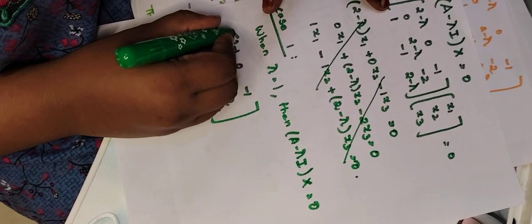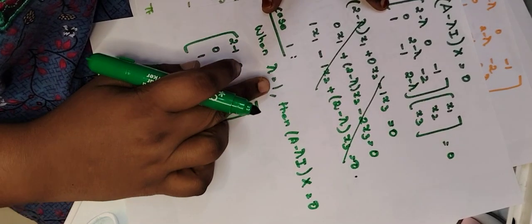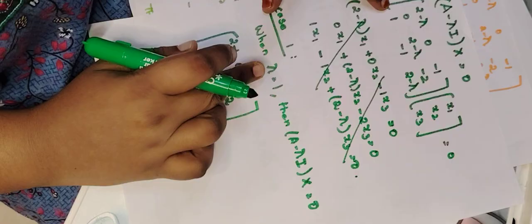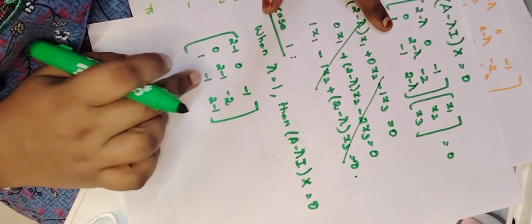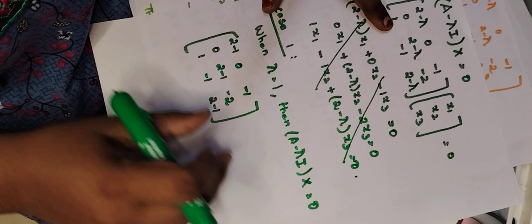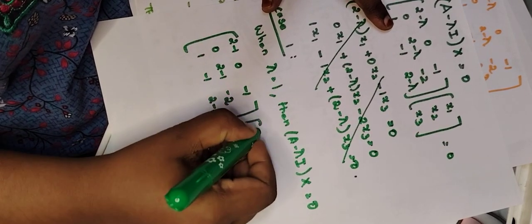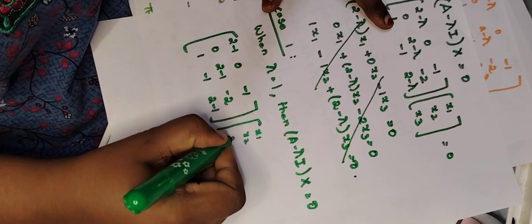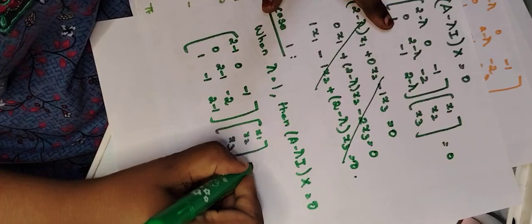What I have done here is substitute the value lambda equal to 1 in this equation. According to the condition of the eigenvector, A minus lambda I into x, where x is x1, x2, x3, should be equal to 0.